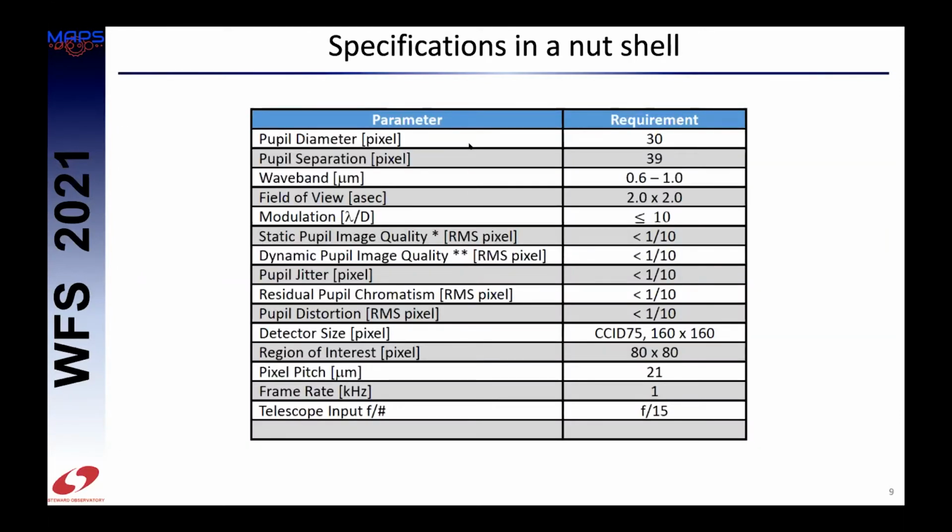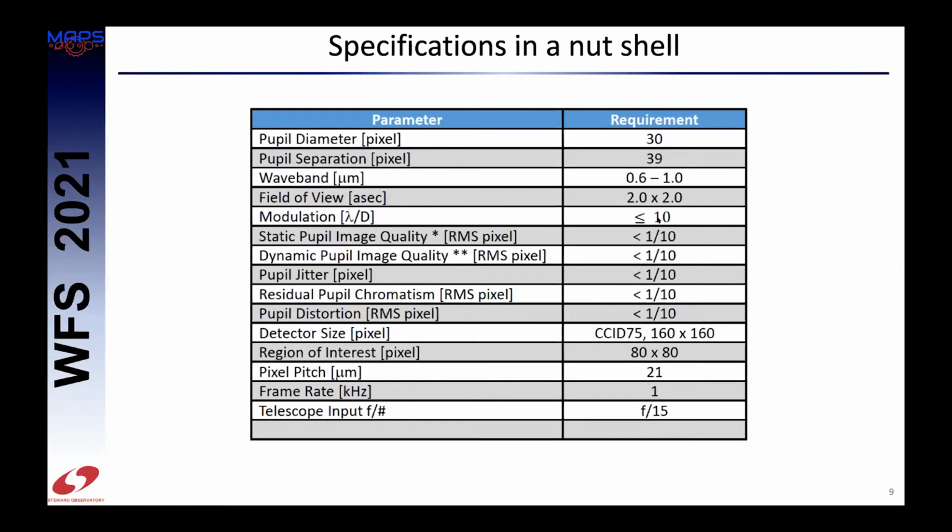These are the specifications in a nutshell. We have a 30 pixel pupil diameter, and the pupil separation was designed at 39, now made 40 so that we can use binning. The field of view is two arcseconds.